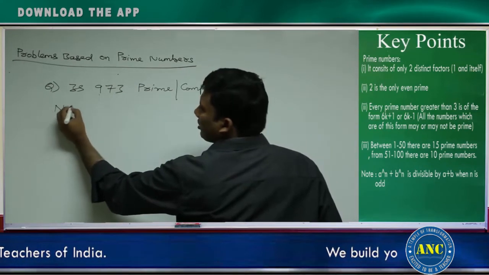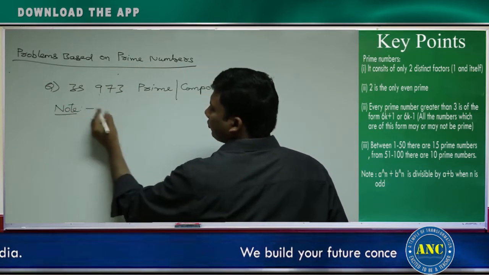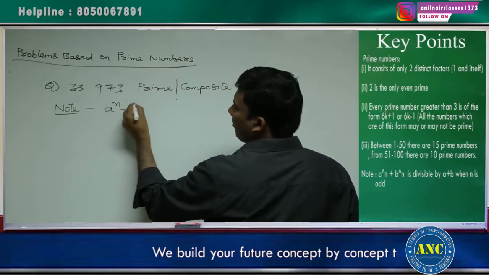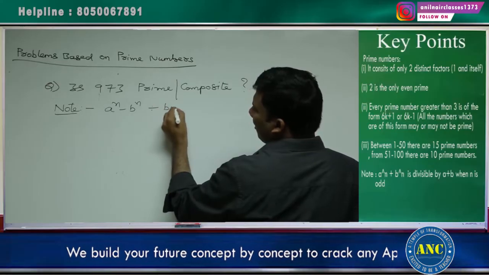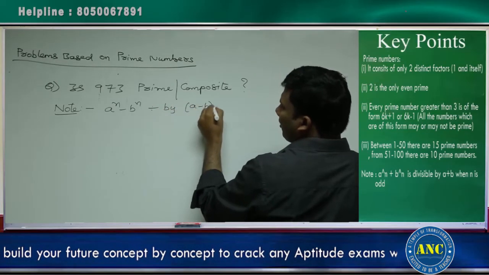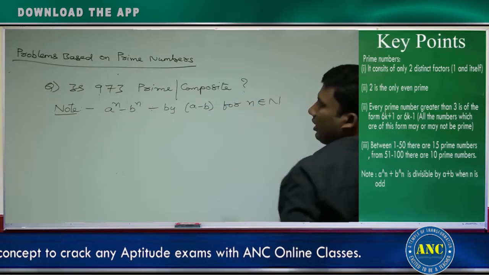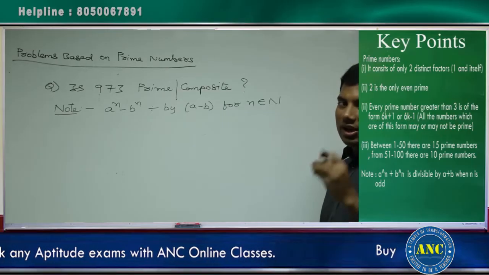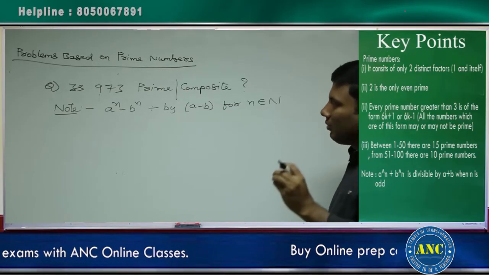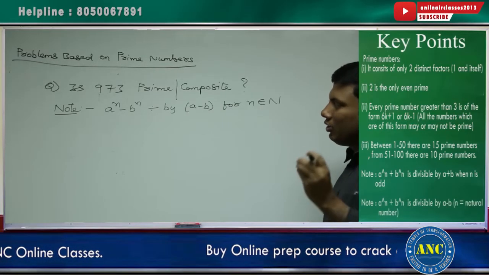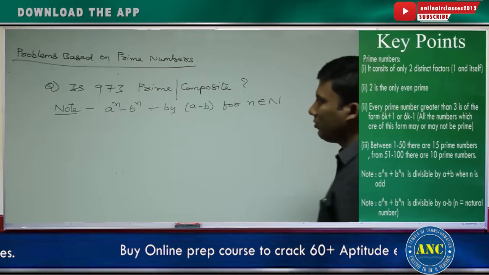Again, listen to this concept. a power n minus b power n is divisible by a minus b for all natural numbers n, because a square minus b square is a minus b into a plus b, and a cube minus b cube is a minus b into something.